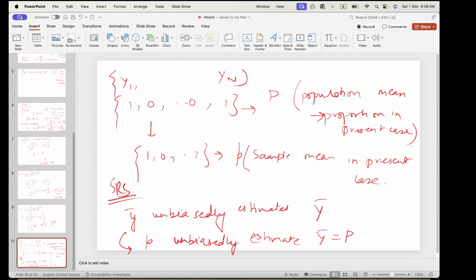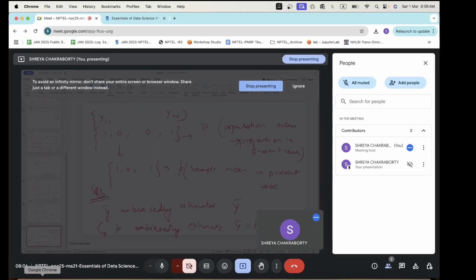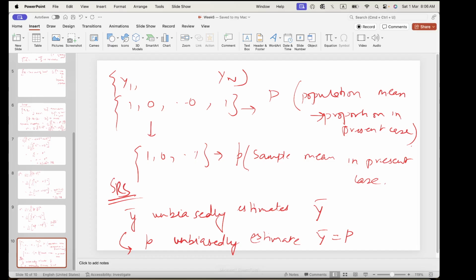Okay, now let's see what happens in this case. Since small y bar unbiasedly estimates capital Y bar, by extension small p, because that is also a sample mean, is unbiasedly estimating the population mean, that is Y bar or capital P. Now let us find out the variance of this y bar under different schemes.